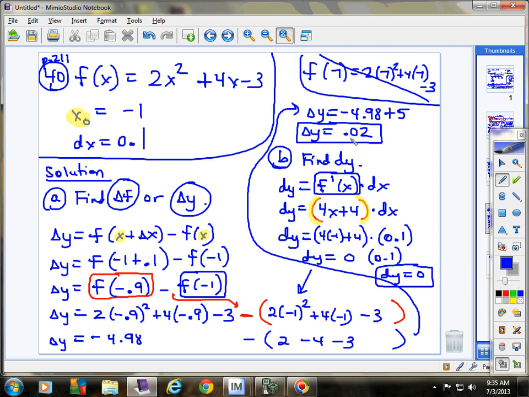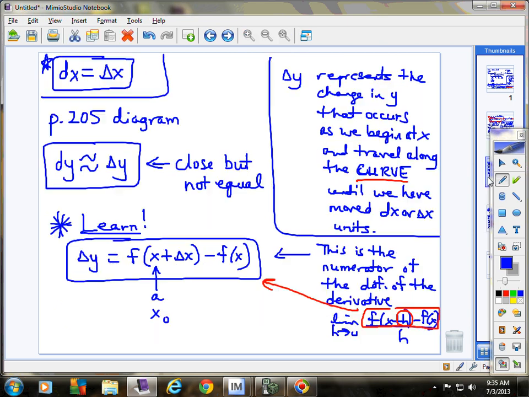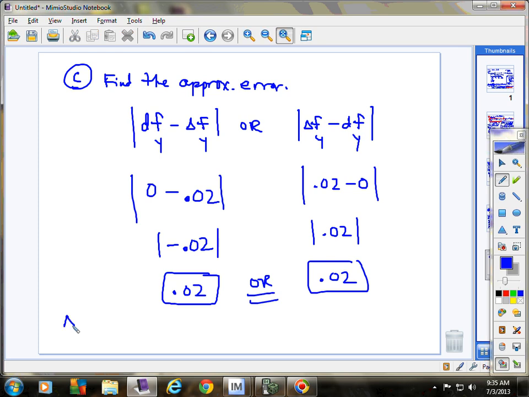Delta y is the true one, isn't it? Because delta y, remember, meant that we were staying on the curve itself. So delta y is the true change in y as we move along the curve.